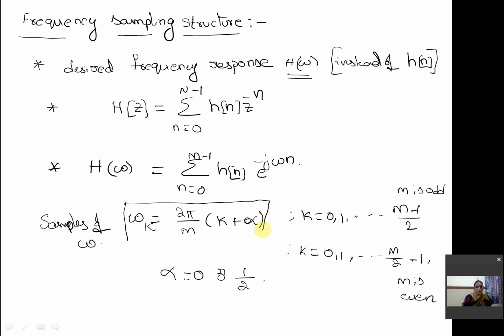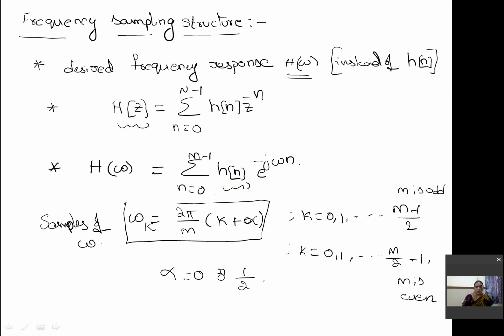If we consider H of omega sampled at omega k like this, at these particular frequencies, then firstly, from the knowledge of H of omega, we should find out h of n. From this h of n, we should find out H of z.